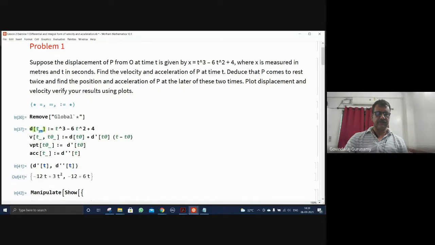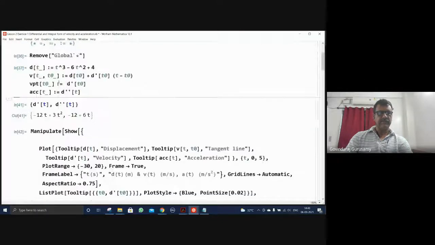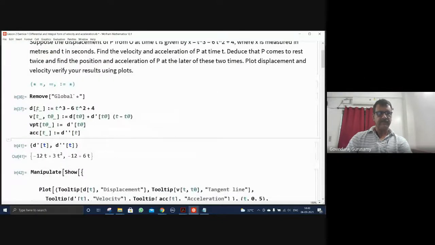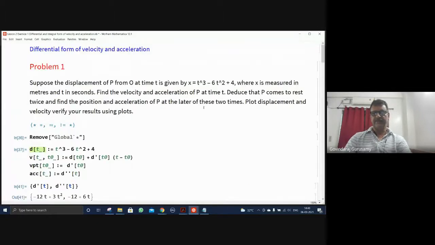This variable t can be any variable at a later stage. I can have d of x, and if I use it, I get the same expression. So we will start from this and learn this process, and come back to some more details on the Mathematica way of handling things. Now this is the function which is given as t cube minus 6t square plus 4.